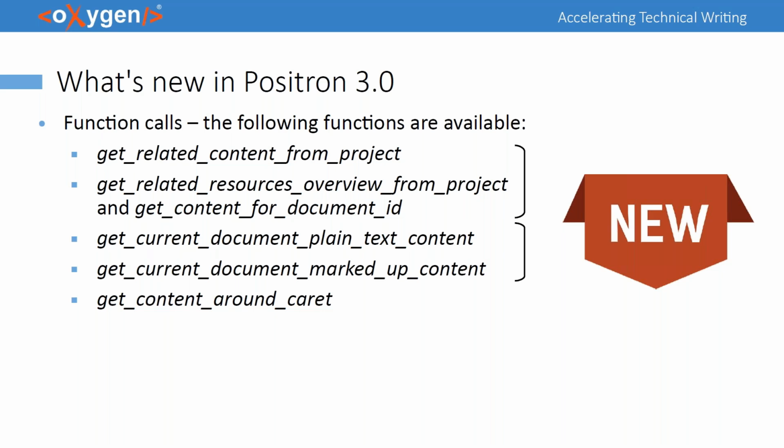One of them gives you only the plain text, the entire plain text from the document. The other one also gives you the markup. And the last bullet contains the function that is able to retrieve content from around the caret. And we will see how these work in the demo.